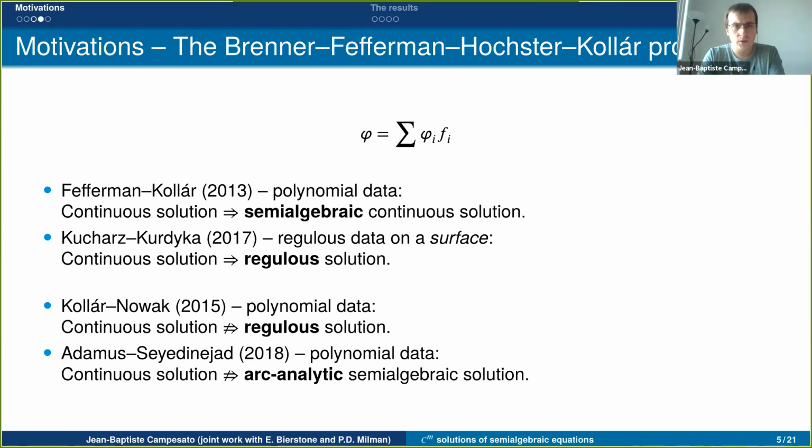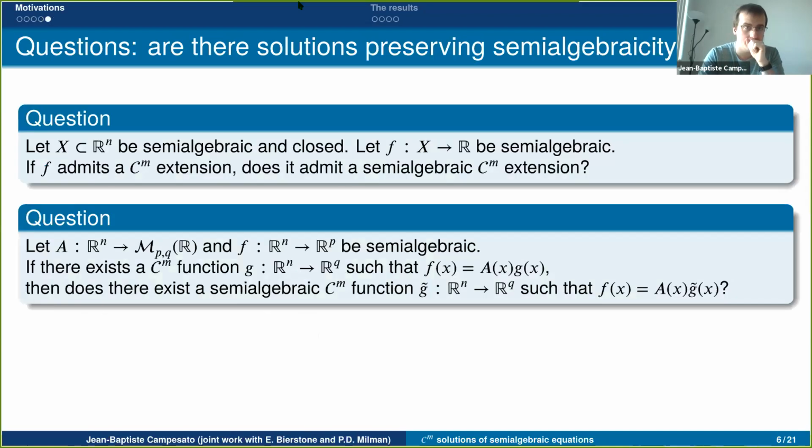Okay, so that's all for this Brenner, Fefferman, Ochter, and Kollár problem. So let me summarize the two questions that I'm going to address today. The first one is the one related to the Whitney extension problem. So we start with a closed semialgebraic subset X of R^n, and we have a function f which is defined on X and which is semialgebraic.